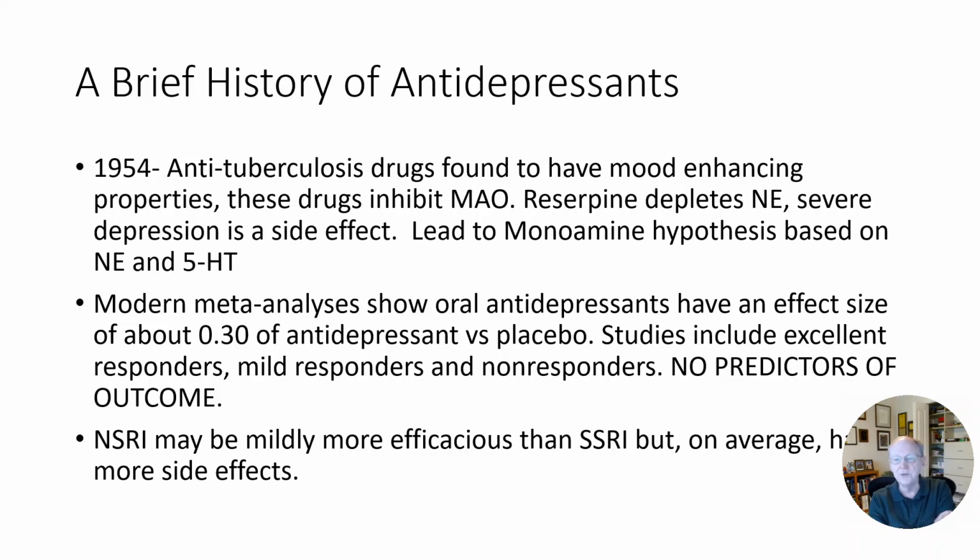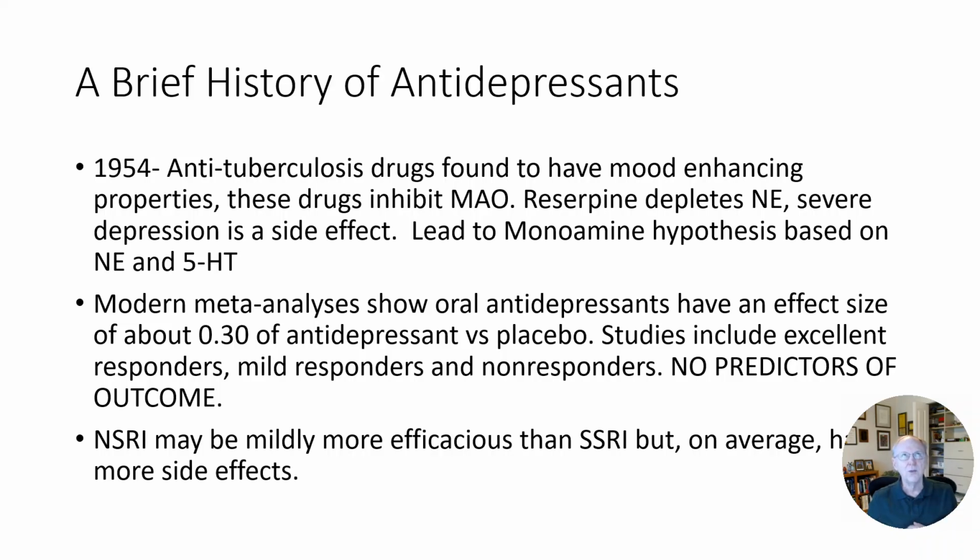So that led to the monoamine hypothesis of depression, which is that depression is caused by too little norepinephrine or too little serotonin. And the first antidepressants were mixed; the tricyclics were mixed serotonin and norepinephrine reuptake inhibitors. People thought, well, it would be great if we could just have pure neurotransmitter reuptake inhibitors, and that led to the development of the SSRIs.